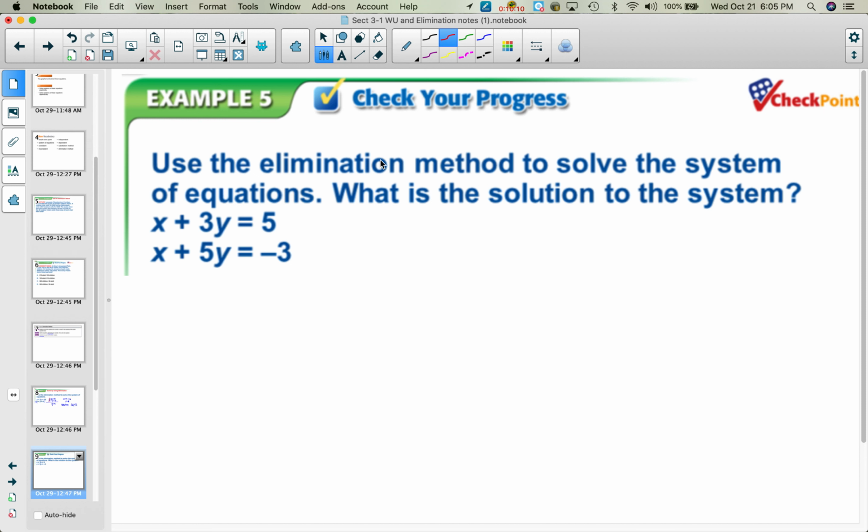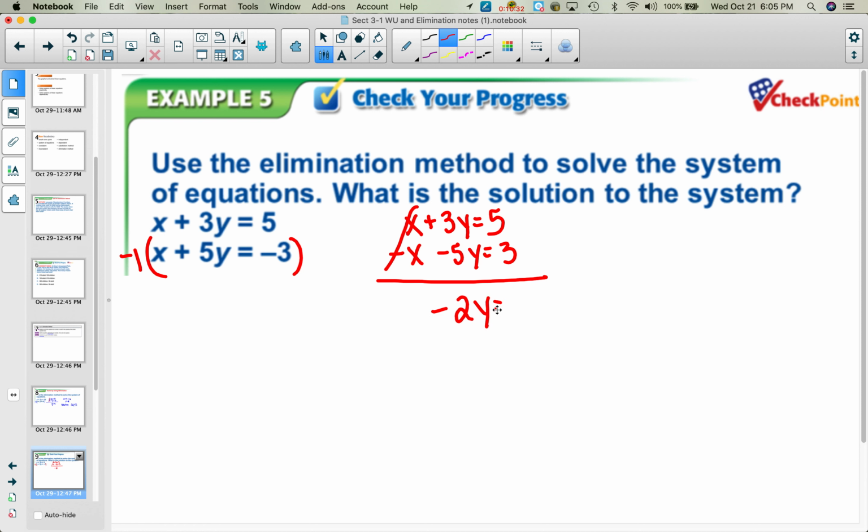This one was pretty much set up the same way. You would take either equation. I could do the top equation if I want to, but I'm leaving the first equation alone and multiplying the bottom equation by a -1. Remember, -1 times -3 is +3. The x's cancel. I'm left with -2y equals 8, y equals -4.